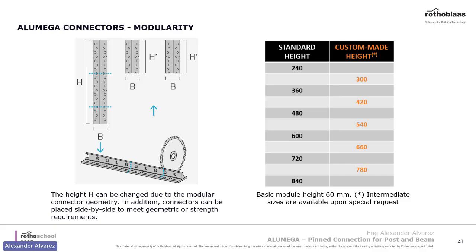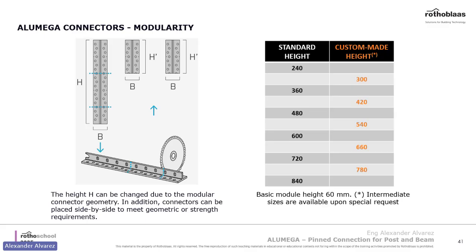So maybe you have a 14 or 18 inch beam. We have the Alumega 480, which is about 19 inches, but it's too big. Maybe the beam is actually 17 inches. You can either go with the Alumega 360, which is about 14 inches, but maybe the capacity isn't there yet.